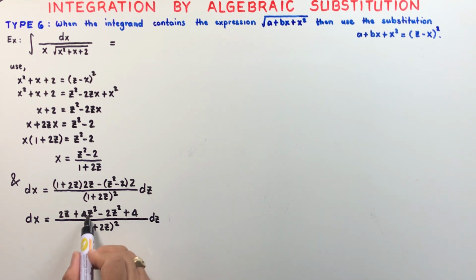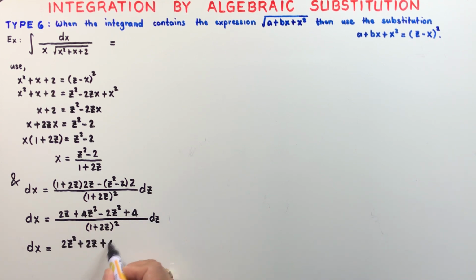Thus, we can combine these similar terms here, and our dx finally is equal to 2z squared plus 2z plus 4. And this is divided by the square of 1 plus 2z.